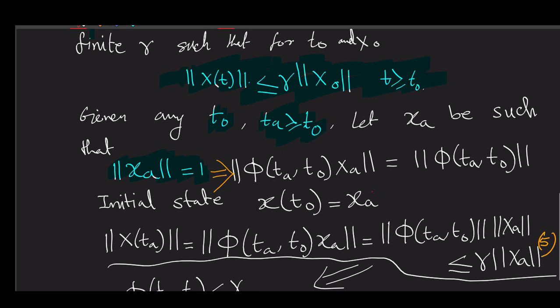So that will become what? That will give us x(ta) is equal to phi(ta, t naught) xa.